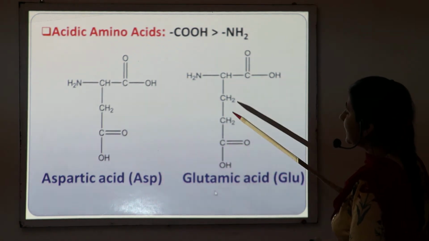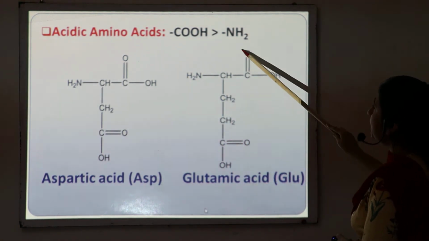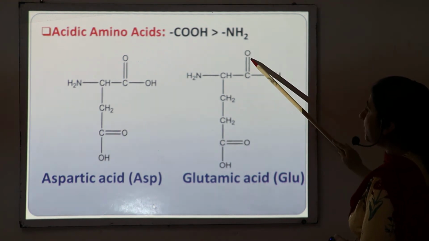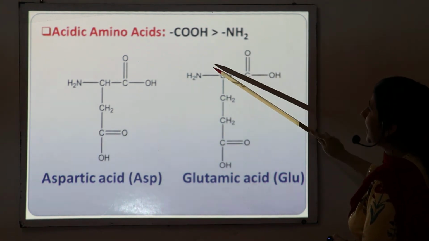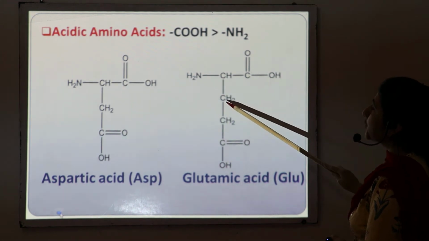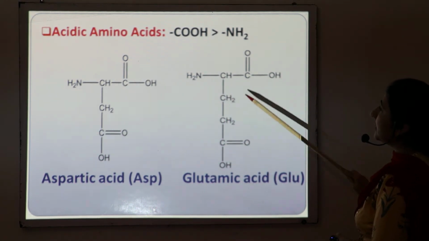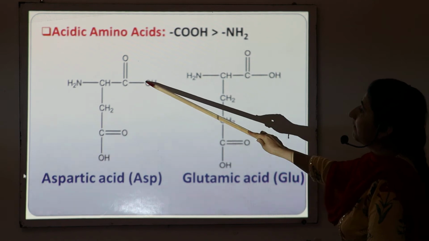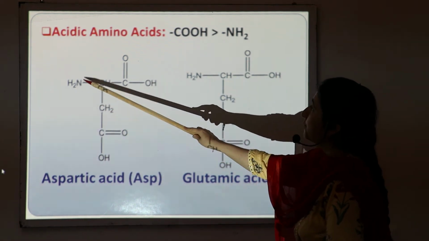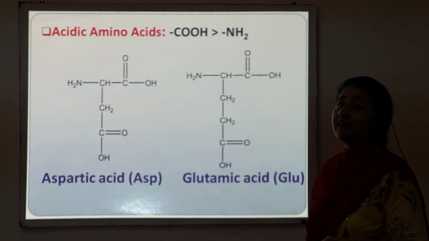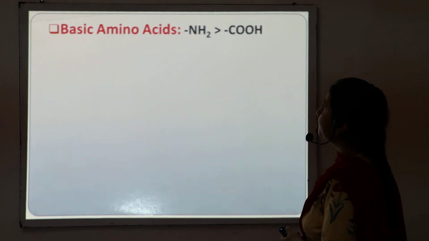So in both cases, the number of carboxylic groups is greater than the amino group. That is why they are classified as acidic amino acids.